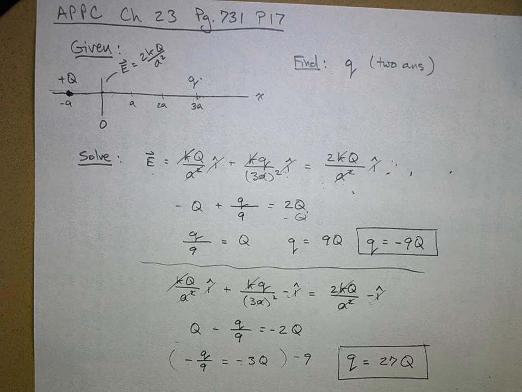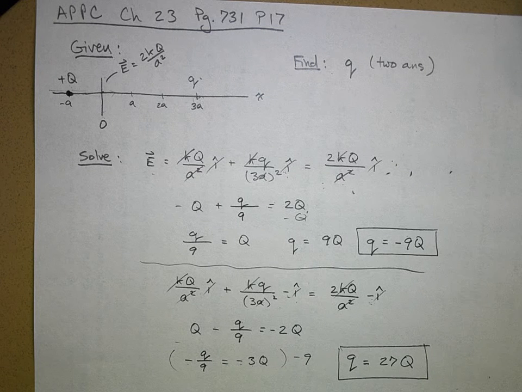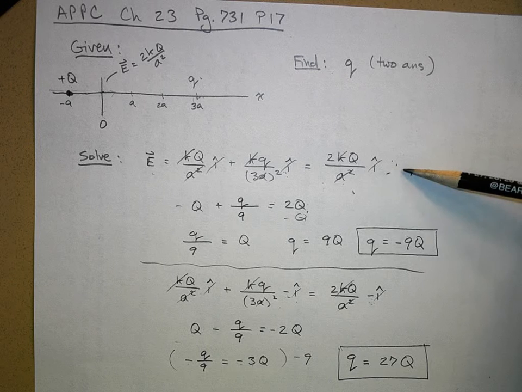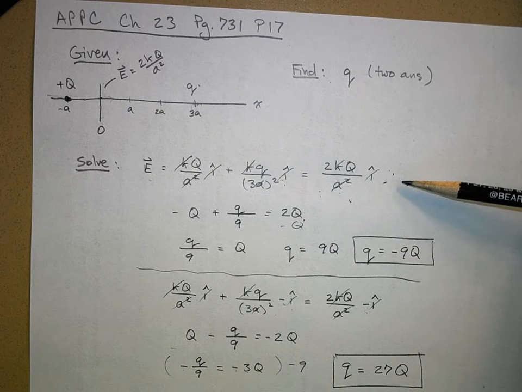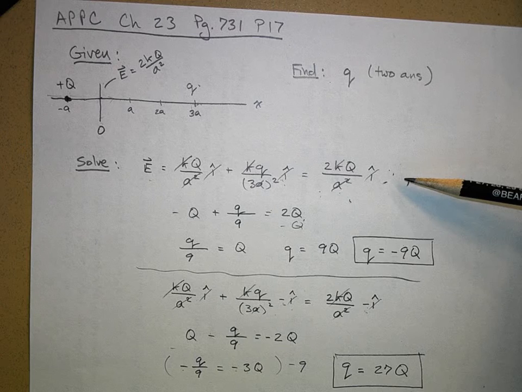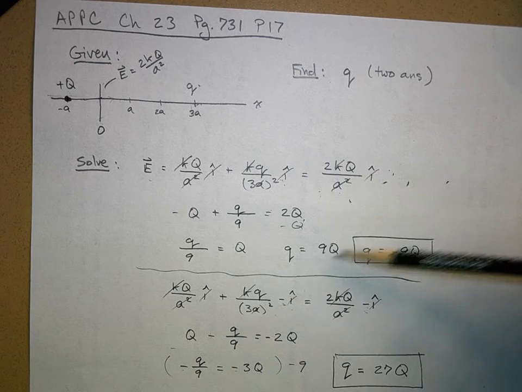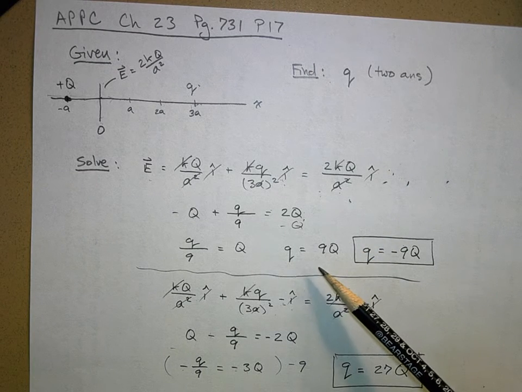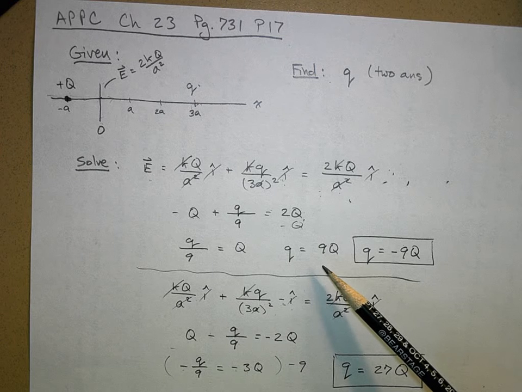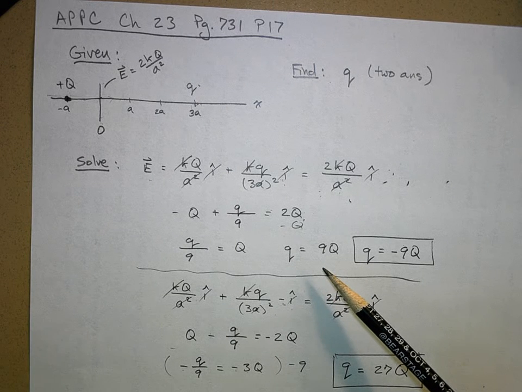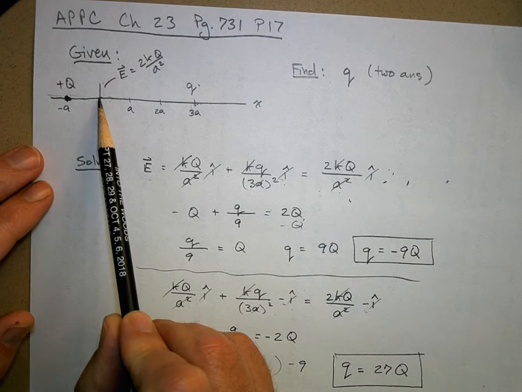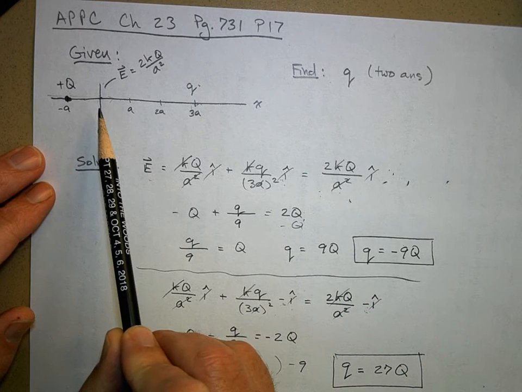Any questions? Yes? Why is it that in the first part the math didn't come out right and we had to switch the sign, but in the second part you didn't have to switch the sign? Well, the question is, how come the math didn't come out with the correct sign? That's because I put the sign of the charge in there by assuming that the electric field was to the right.